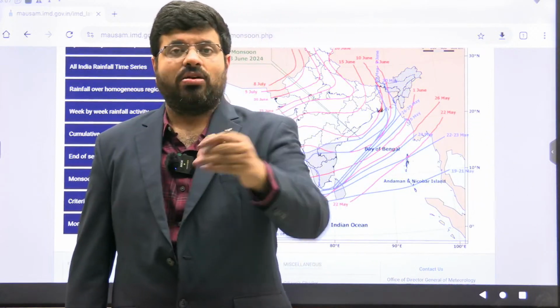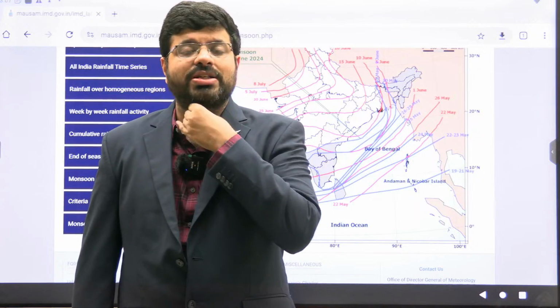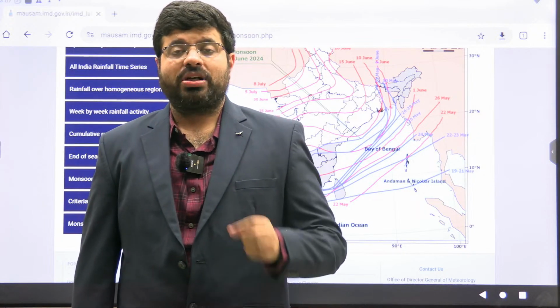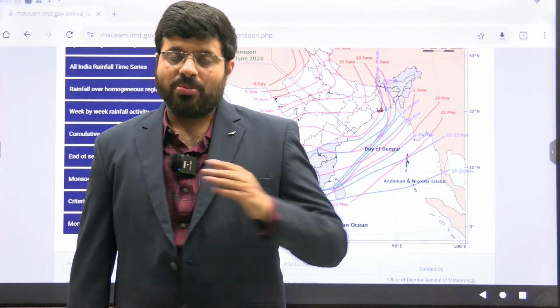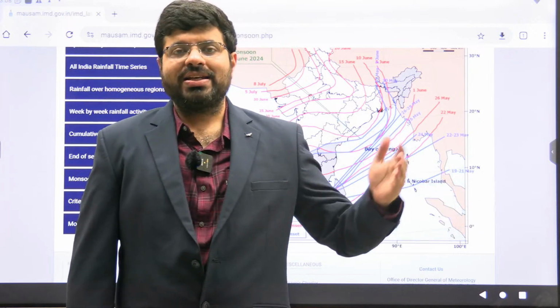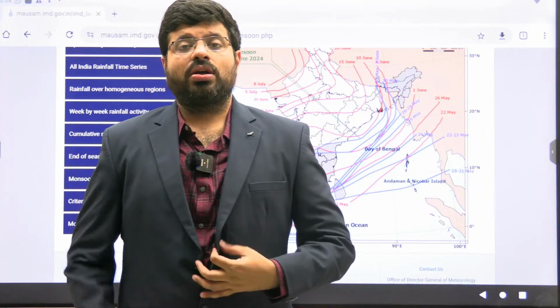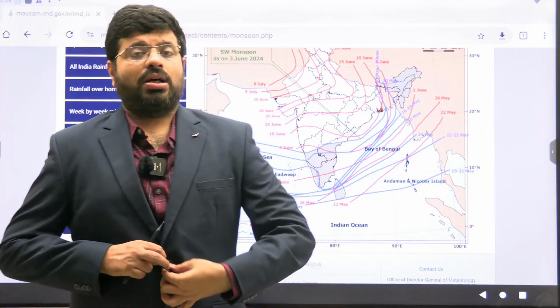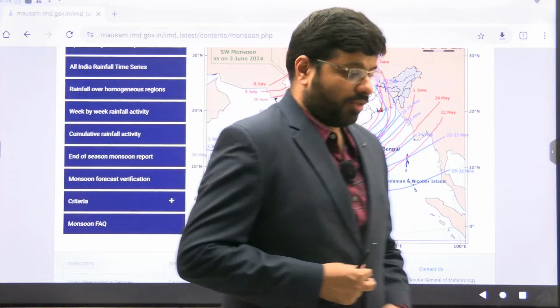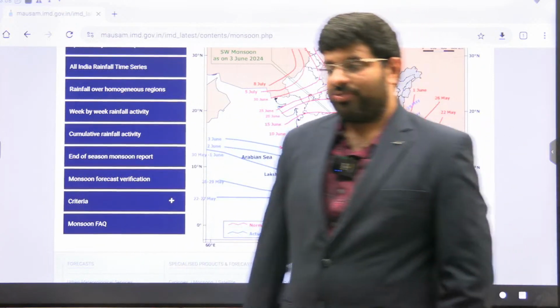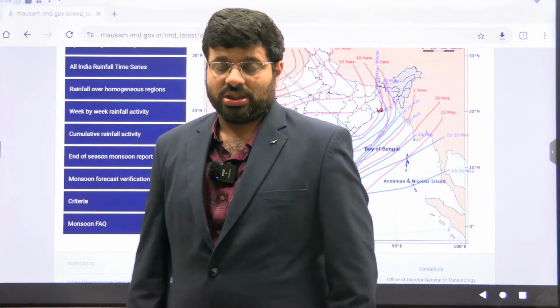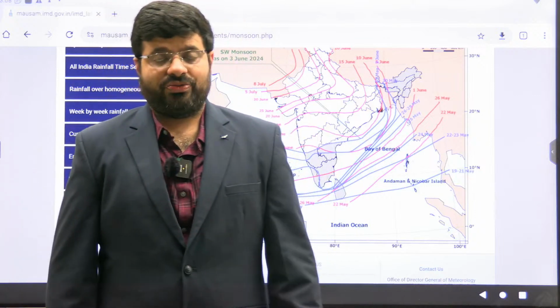If you ask an economist, the economist will say that monsoons are very important for consumption. If the monsoon is fairly good, that indicates that the consumption of the economy will be fairly good, especially in the months of October, November, the months of the festivals, Dussehra, Diwali, and all those things.